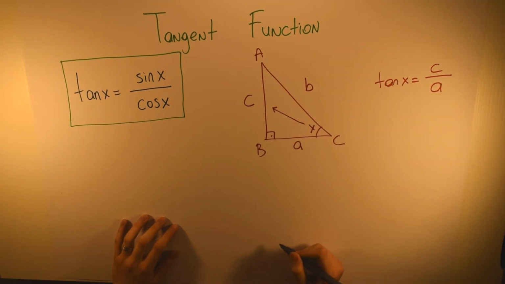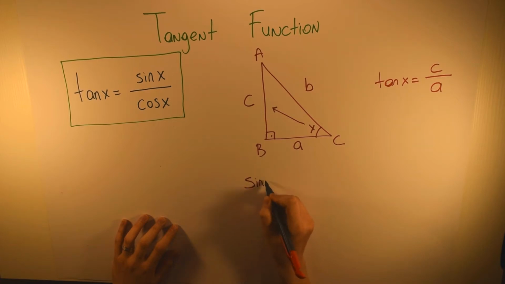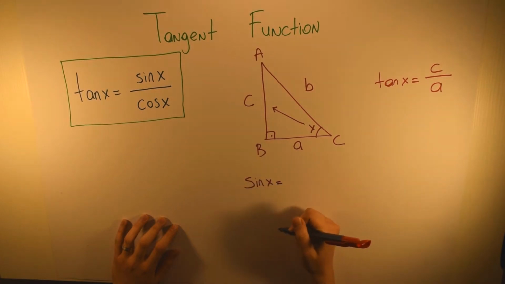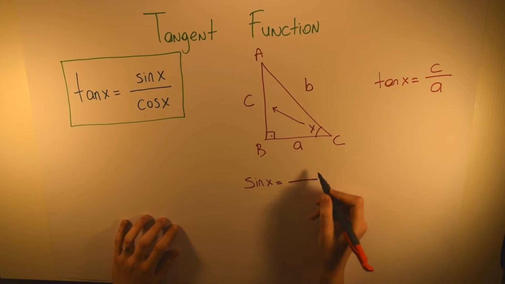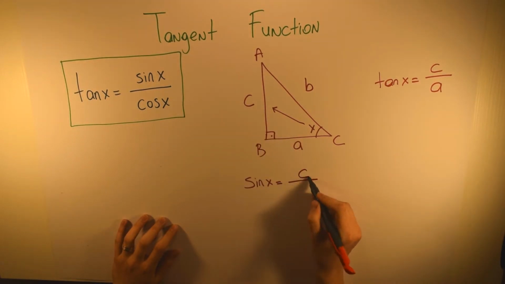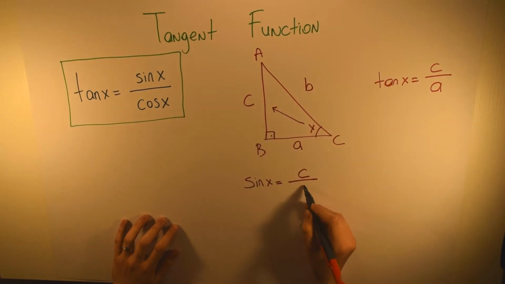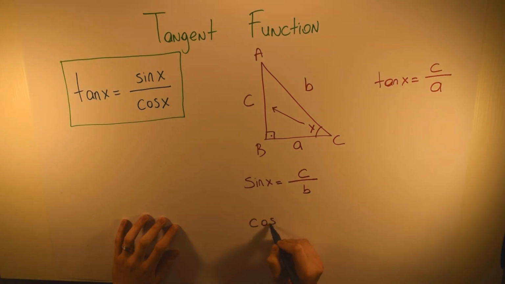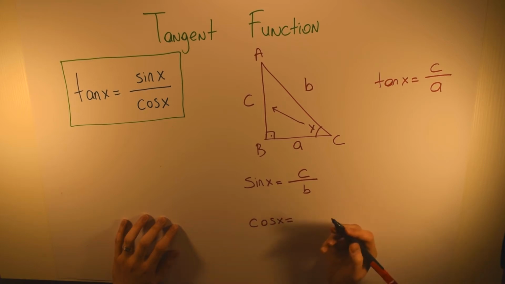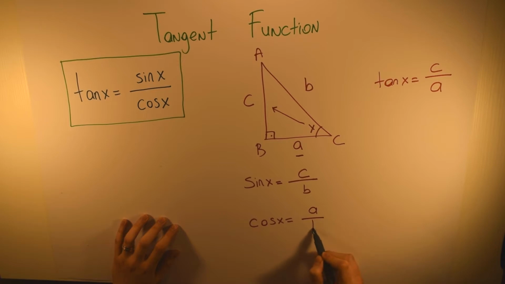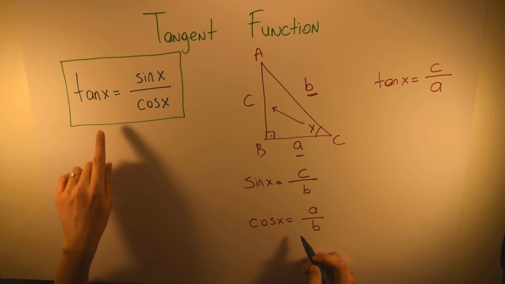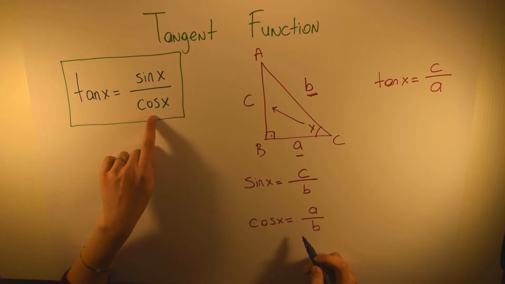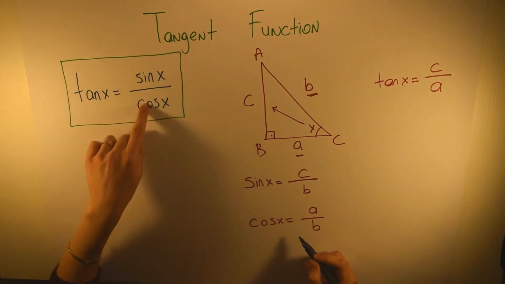So how do we find sine x? Sine x is equal to the opposite side over the hypotenuse. Here the opposite side is C and the hypotenuse is B. Cosine x is equal to the adjacent side over the hypotenuse, which is A over B. We said that tangent x is equal to sine x over cosine x, so let's divide these two.